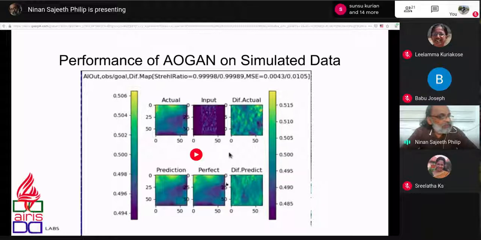In fact, the difference between the two, which is not visible to the naked eye, is shown here by this tag. Similarly, there are computational methods which take a long time, about a day for this computation, but the prediction here takes less than 10 milliseconds, which is the reason why it is considered good for adaptive optics.